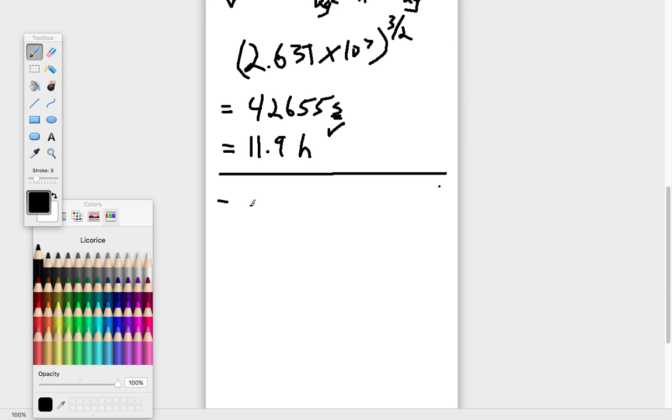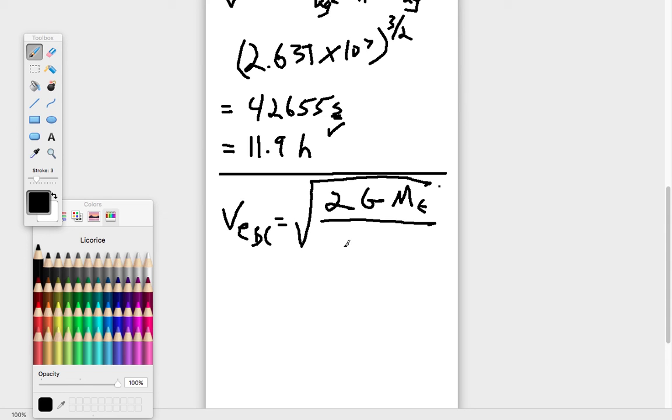There's a section of the book that talks about escape velocity, and it says that the escape velocity is equal to the square root of 2 G, which is the big universal gravitational constant, times the mass of the central body, which in this case is the Earth, and divided by, for us, the radius of the orbit, which is the GPS radius that I talked about above.